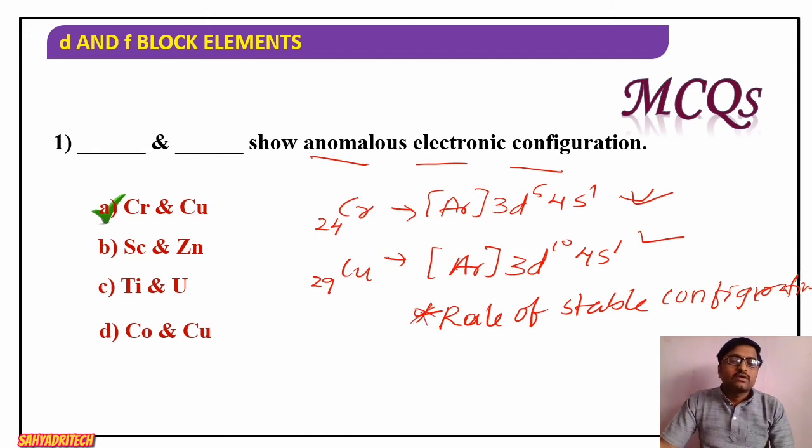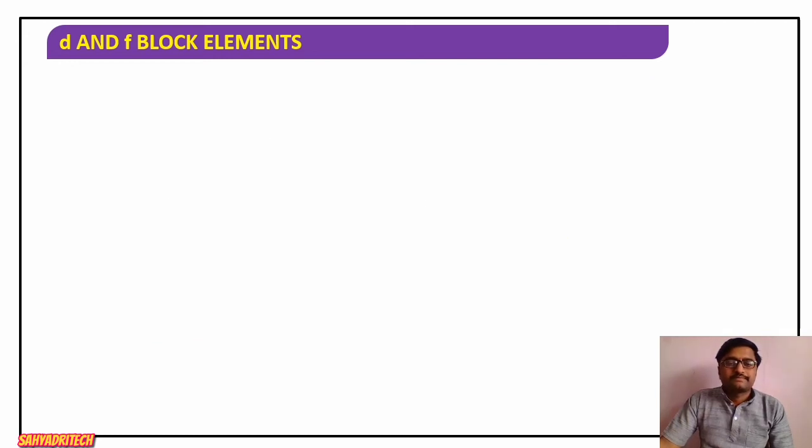So here in chromium and copper, we observe an anomalous electronic configuration. Our expected is different, but observed is different. Whatever electronic configurations I have written are the observed ones, but expected is different. Therefore, we say chromium and copper show anomalous electronic configuration.